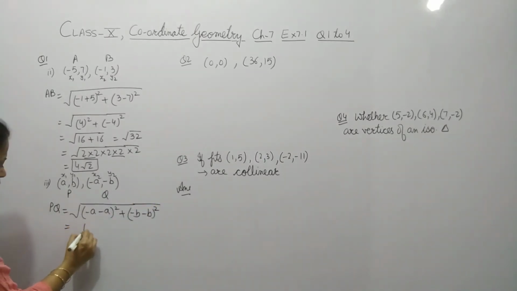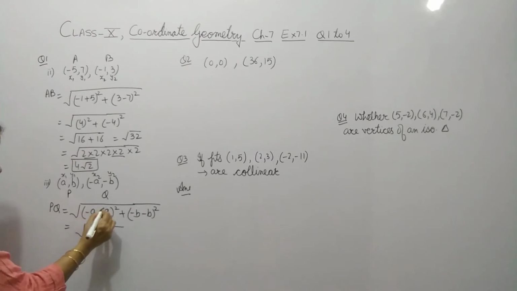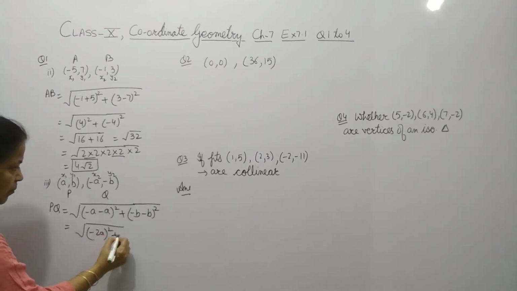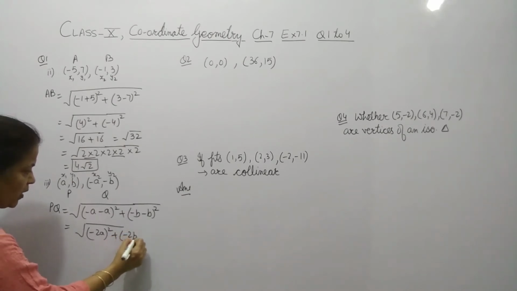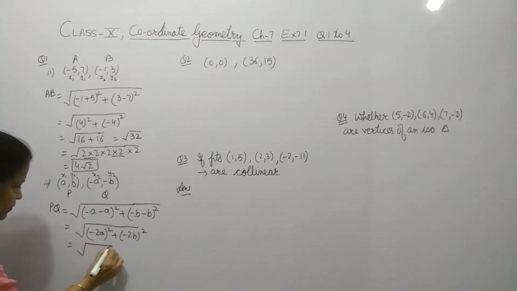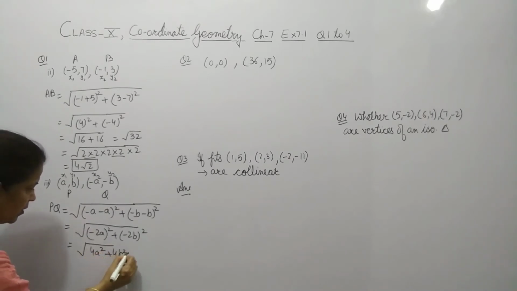So it will be (minus minus 2a) whole square plus (minus 2b) whole square. So this is 4a square plus 4b square.